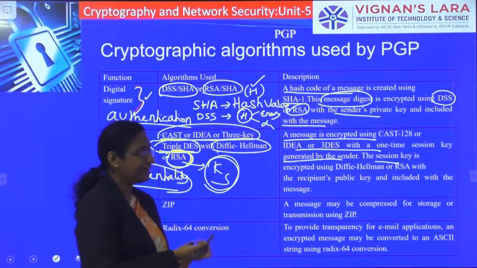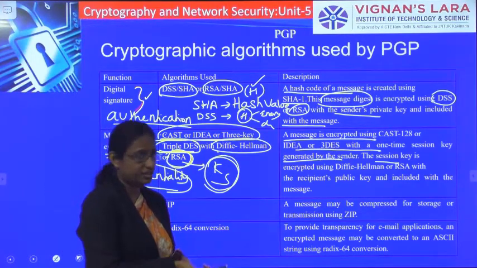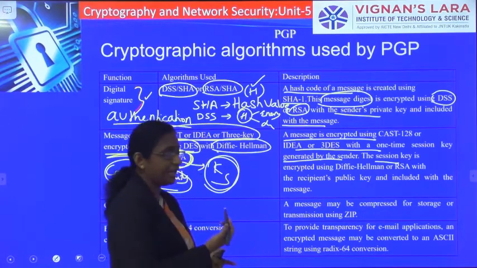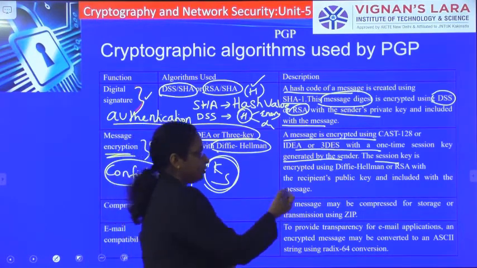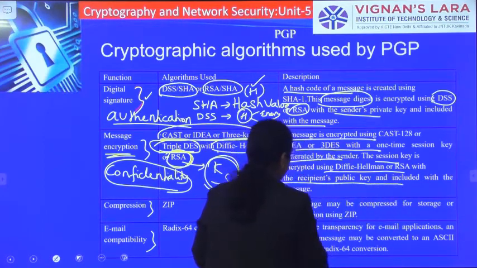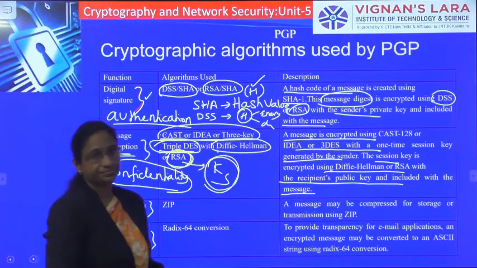To send that session key secretly to the receiver, the sender will be encrypting the session key using Diffie-Hellman or RSA with the recipient's public key, included with the message.